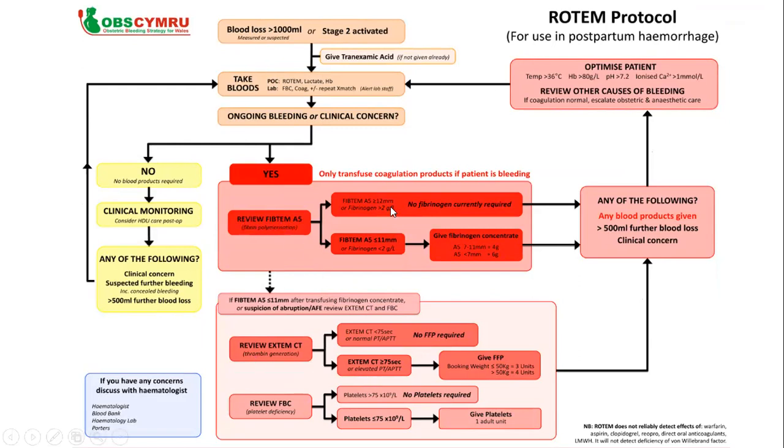And accordingly, you are going to see if this patient needs fibrinogen or not. And again, with the component of the ROTEM, the EXTEM CT, we are going to know if we can use fresh frozen plasma or it's not required. And according to the full blood count and the platelets, we are going to determine if this patient needs platelets or not.